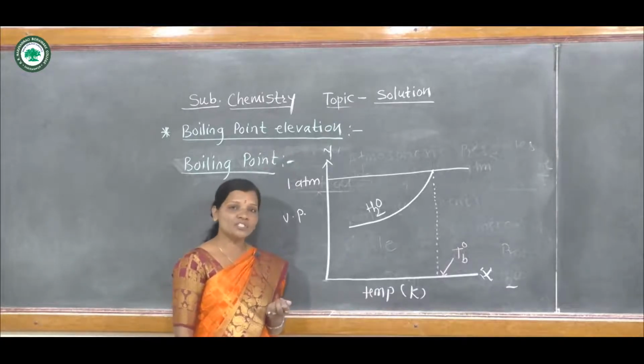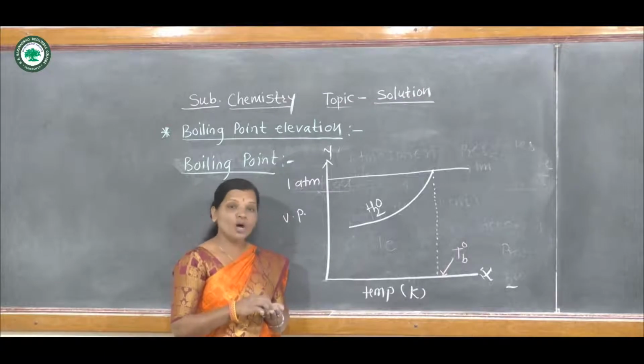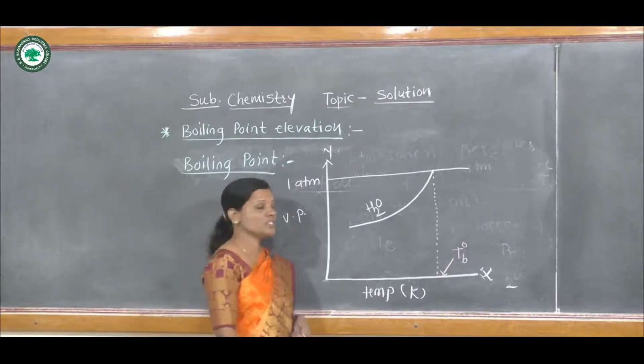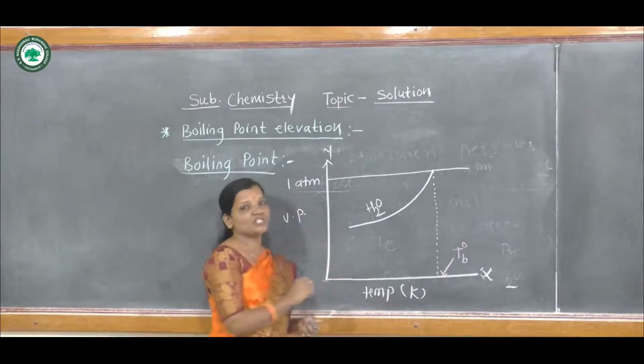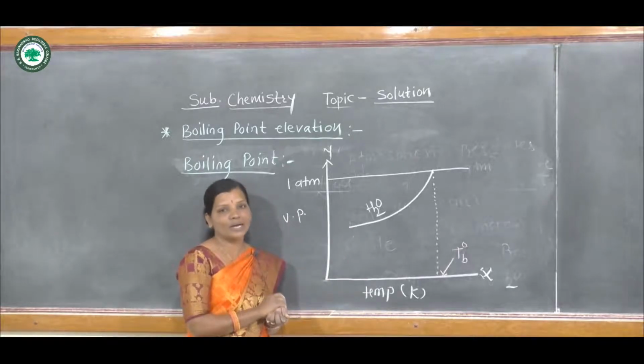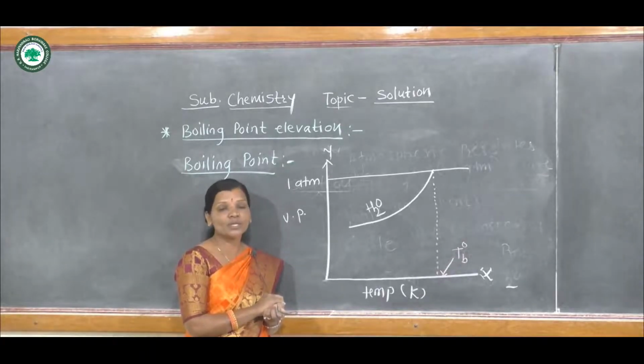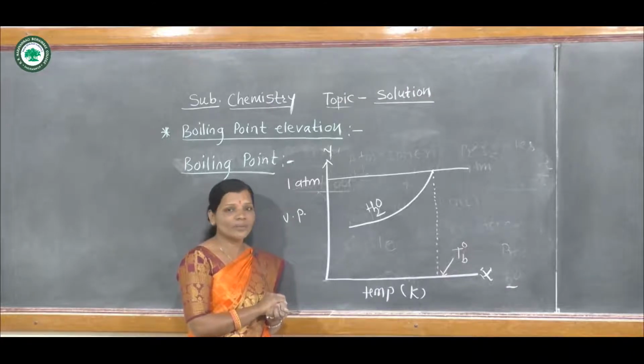Now what happens? We have added non-volatile solute into this water. Due to the addition of non-volatile solute, the vapor pressure of water decreases, that is, it is reduced, because the non-volatile solute does not undergo evaporation.